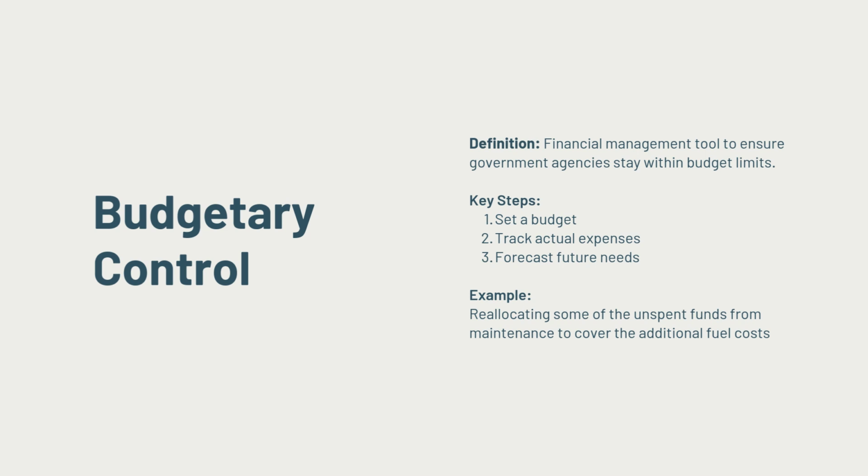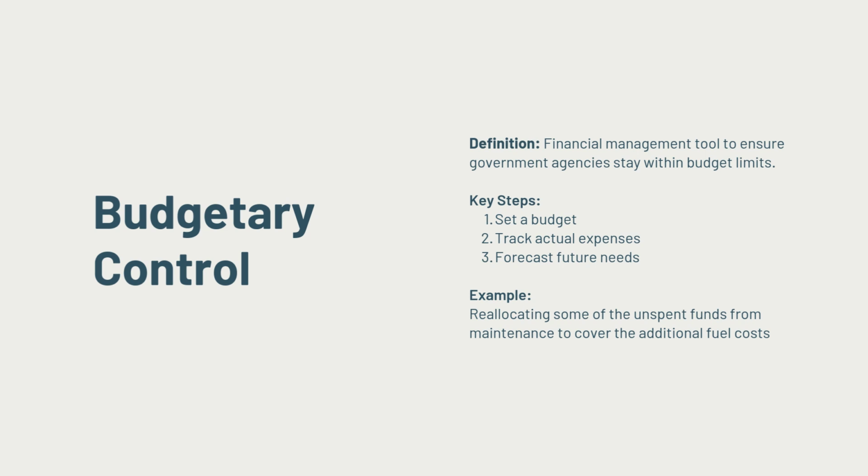Fourth, forecasting future needs. And effective budgetary control also involves forecasting future expenses based on current spending trends. This allows administrators to make proactive adjustments to the budget and avoid potential financial shortfalls later in the project.